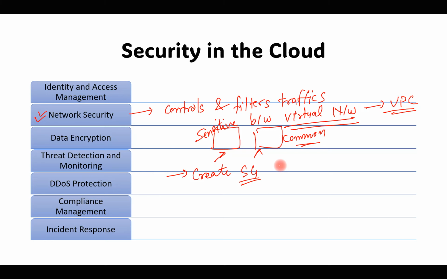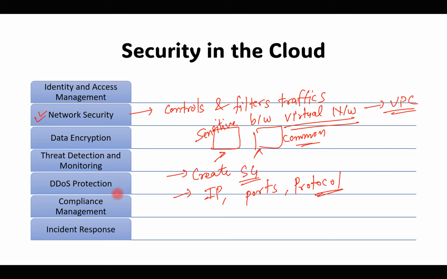So we can configure rules based on IP addresses, ports, or protocols. We can also implement whitelisting and blacklisting for specific sources and destinations. If you are aware of that, we can configure that as well. And also, we can monitor network activity and investigate if there is any suspicious traffic.